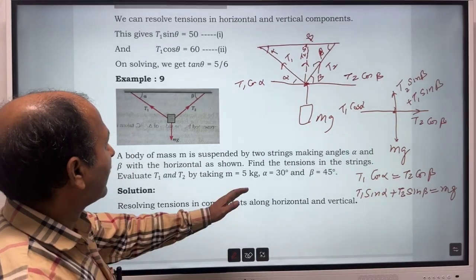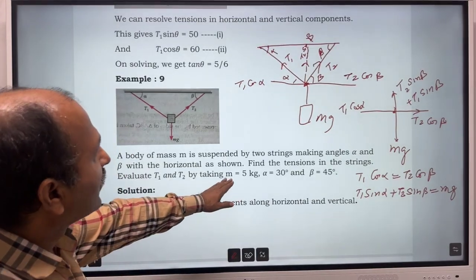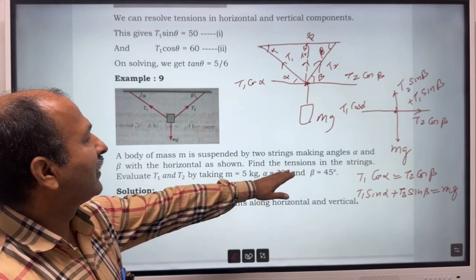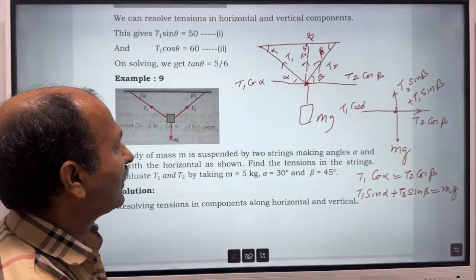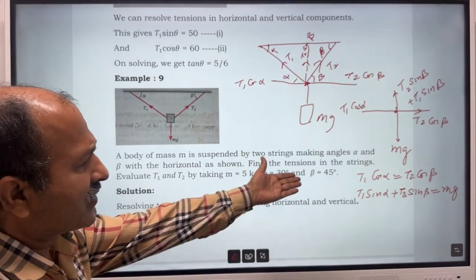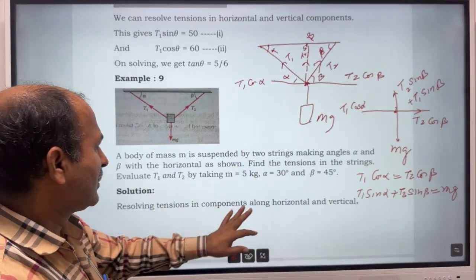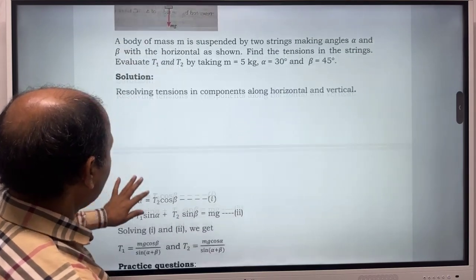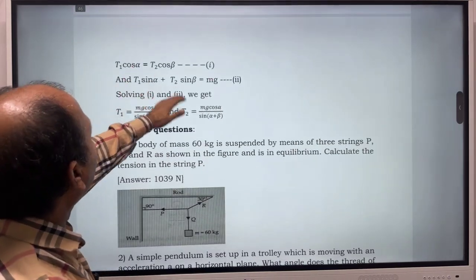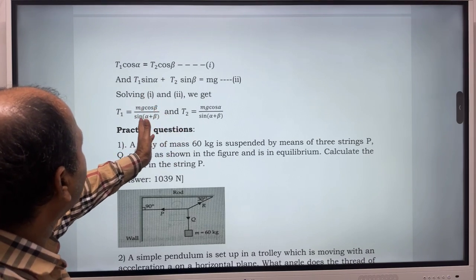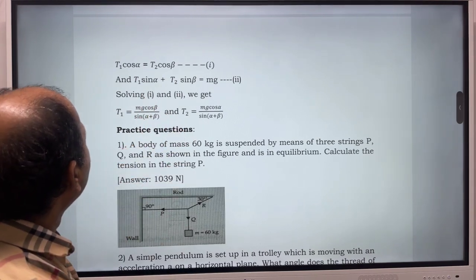After that, question says you can take m as 5 kg, alpha as 30 degree, beta as 45 degree. You can evaluate the tensions, find the tensions in this. It is so simple, I think you can easily do. Here equations are created, you can solve, you know very well how to solve.